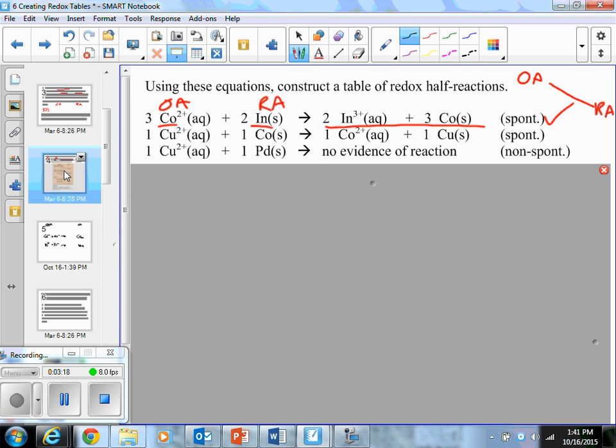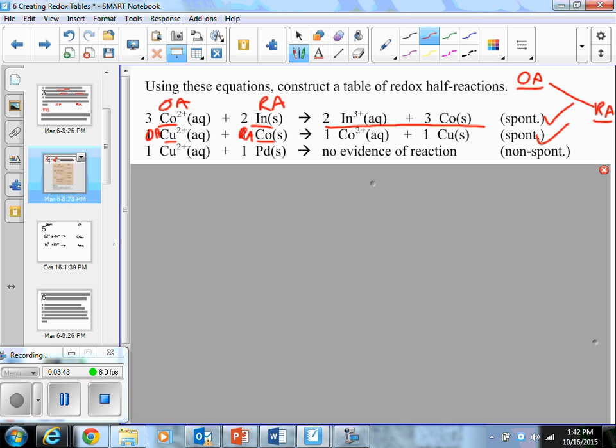Reaction 2, we've got copper-2 plus reacting with solid cobalt. So here, the copper-2 plus is my OA. The cobalt is the RA. Was the reaction spontaneous? Did we see a reaction take place? Yes, we did. So this means, again, that the OA has to be above the RA.